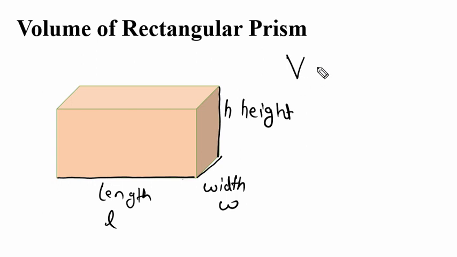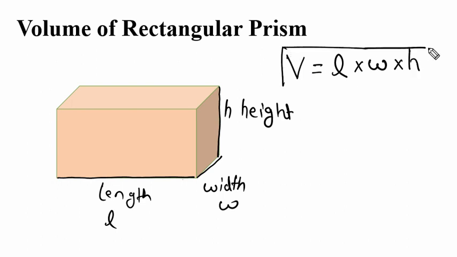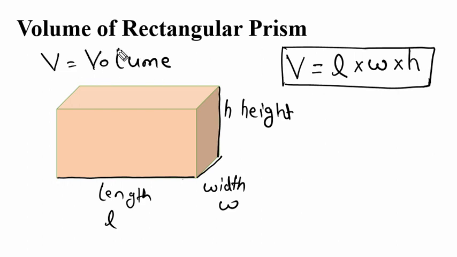So capital V is equal to length multiply width multiply height. This is the formula to find the volume of a rectangular prism. So remember this formula if you want to find volume. V for volume. Okay, this is L. Don't get confused.